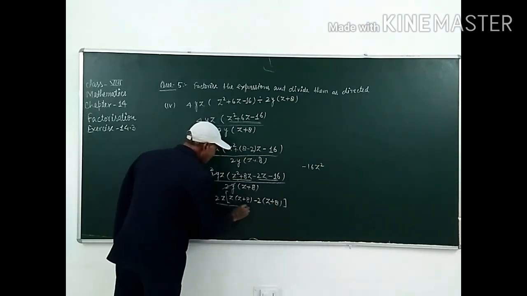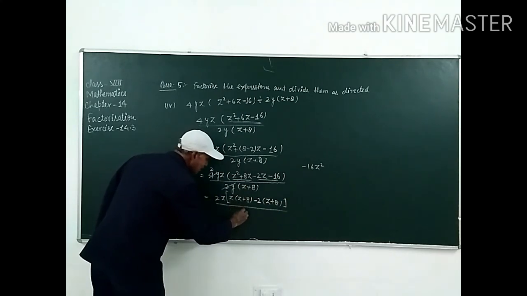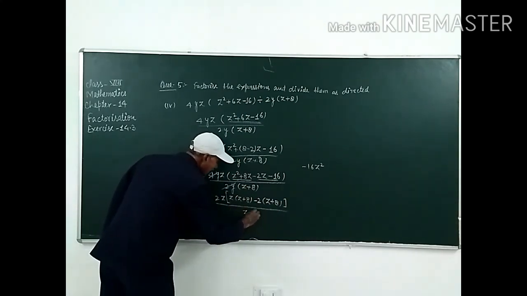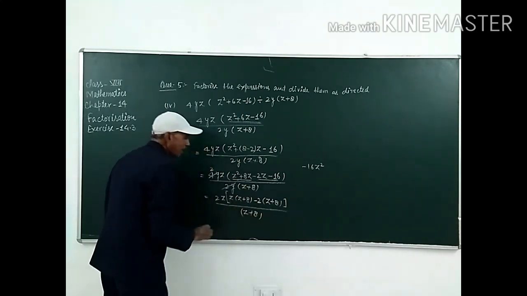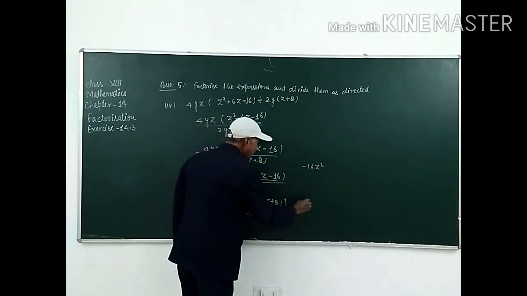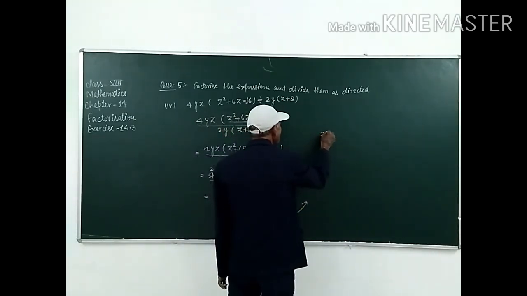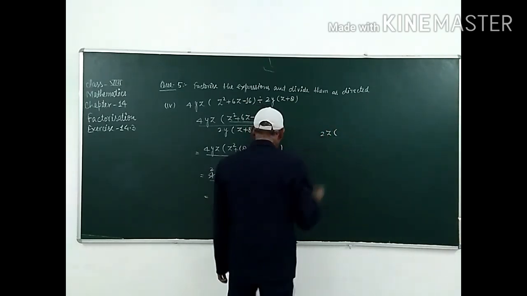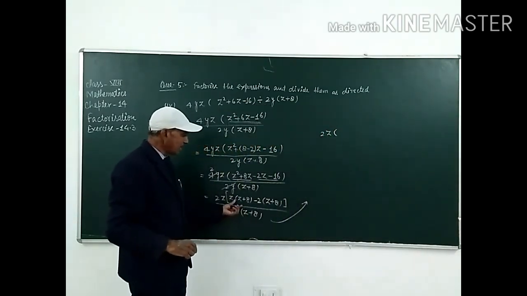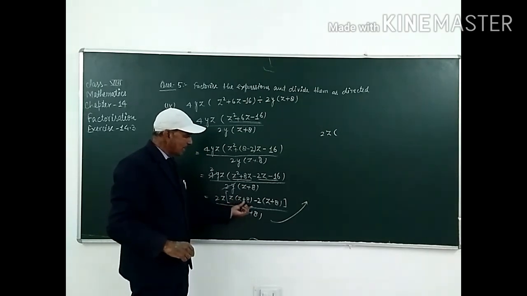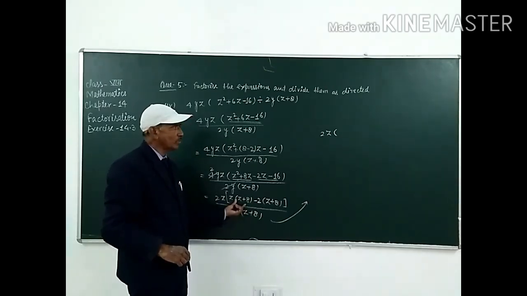Now we write the denominator, that is z plus 8, and we can write it like this: 2z, and in the whole expression z plus 8 is common, students.